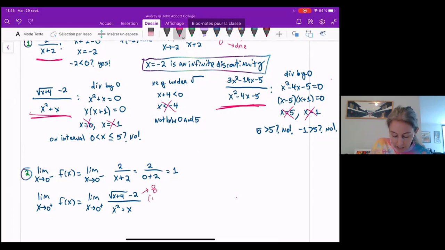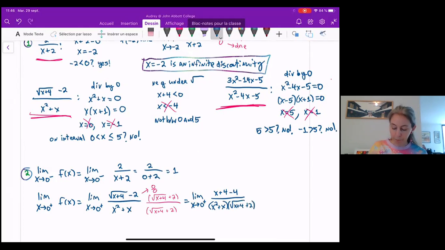Which means that I need to actually apply my limit techniques and I need to rationalize here. So I'm going to rationalize and I get the limit as x approaches 0 from the right of x plus 4 minus 4 over x squared plus x times root x plus 4 plus 2. Those 4's cancel out.